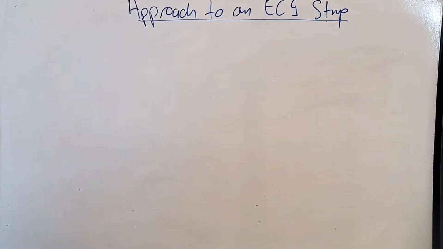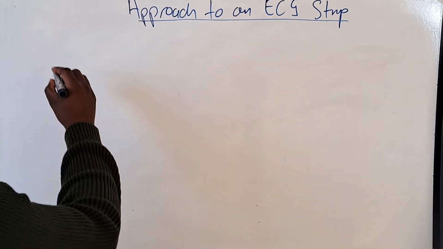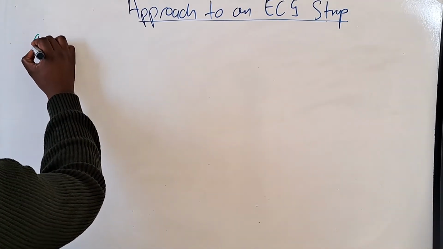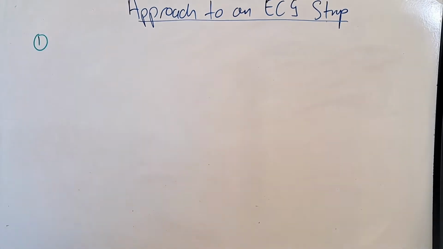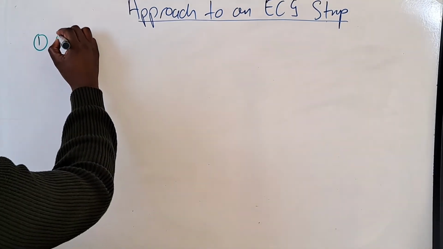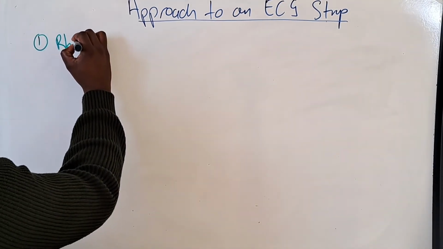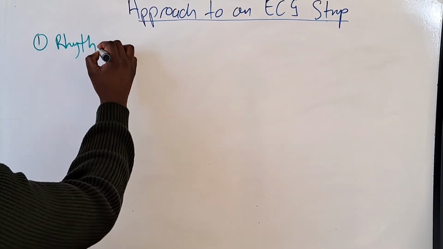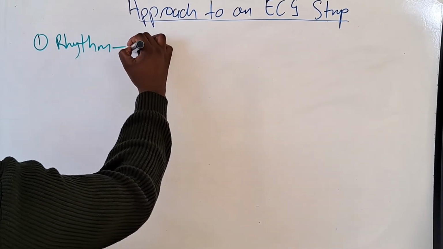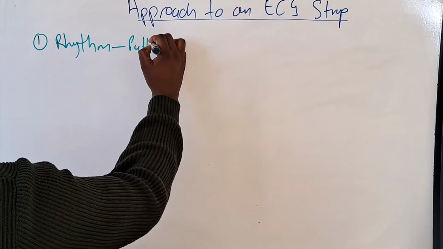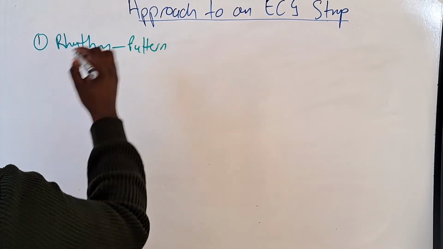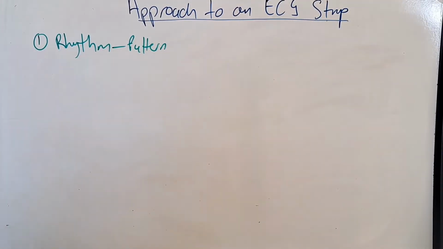Anyway, the approach that I use when I get my strip: like I was saying yesterday, I believe in the rhythm. Actually, it's a pattern that I'm talking about here. It's not the detailed rhythm, which we are going to talk about in another video.